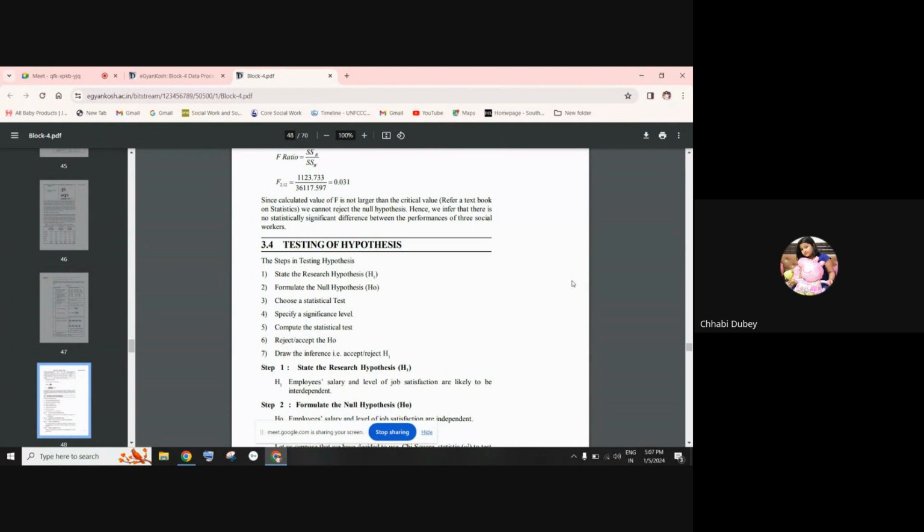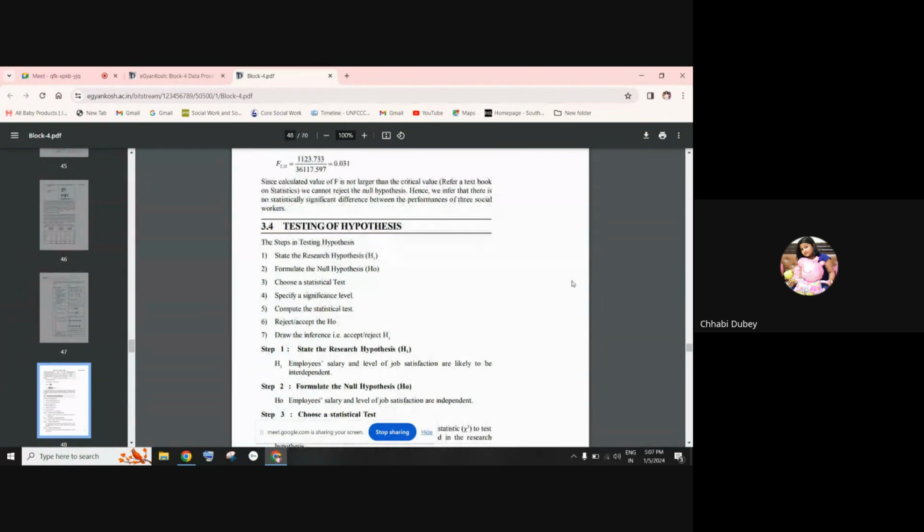We will compute the statistical test, and then we will finally reject or accept the null hypothesis. Once we reject or accept the null hypothesis, we are going to draw the inference about the research hypothesis. So once the null hypothesis has been proved or disproved, that will help us to draw the inference about the research hypothesis.